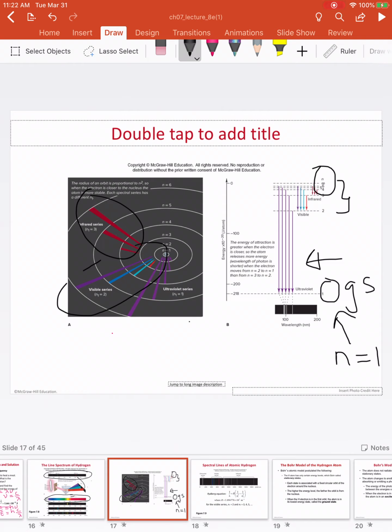When it comes to n equals 1, that's the UV region, which we cannot see. When the excited electron comes to n equals 2, that is the visible series, and that's why we see these lines. And when the excited electron comes to n equals 3 level, that is the infrared region, the red ones over here, which we cannot see.